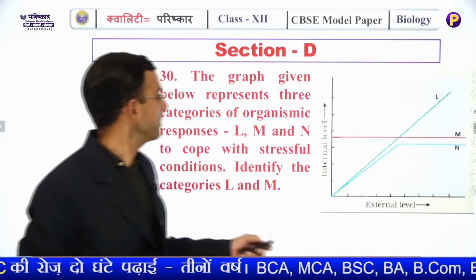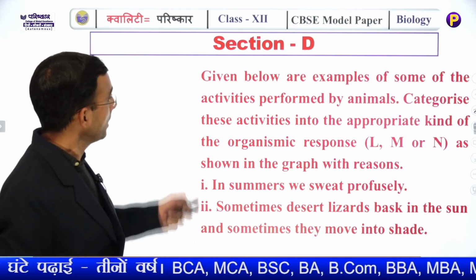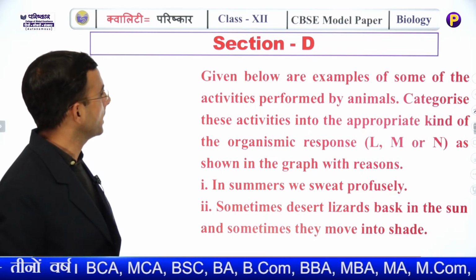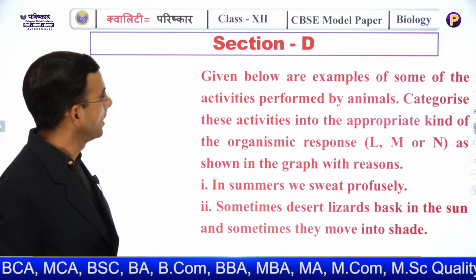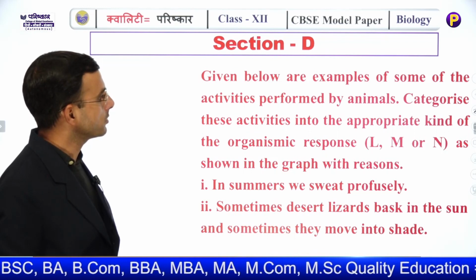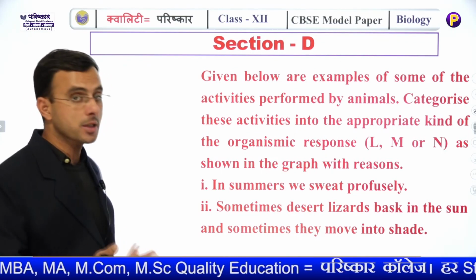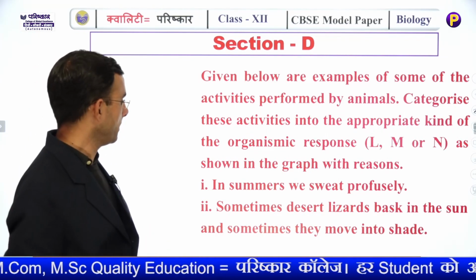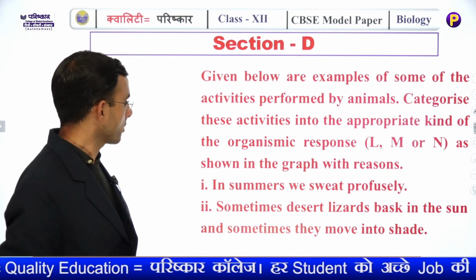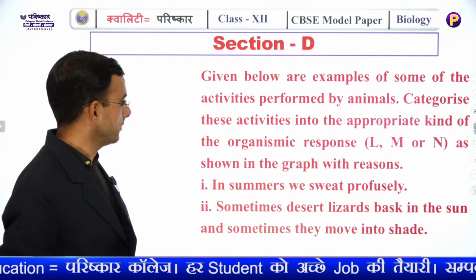That is very simple, no problem. Given below are examples of some activities performed by animals. Categorize these activities into the appropriate kind of organism response, L, M and N, shown in the graph.